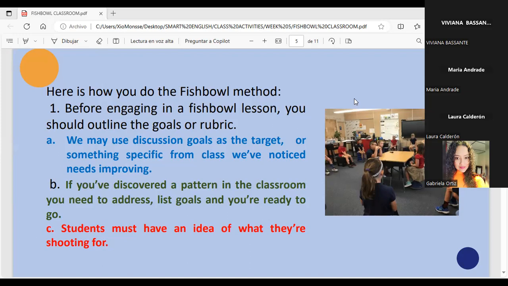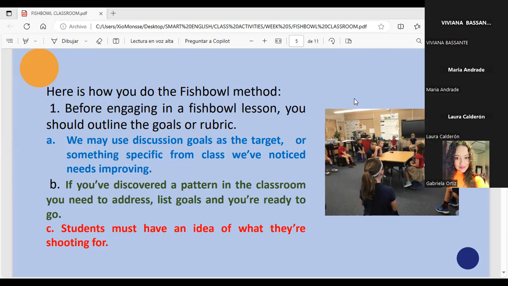The first part is, before engaging in a fishbowl lesson, you should outline the goals or rubric. I'm going to give you the rubric and an example of a lesson plan of this. We may use discussion goals as the target. Okay, so it could be about your unit.